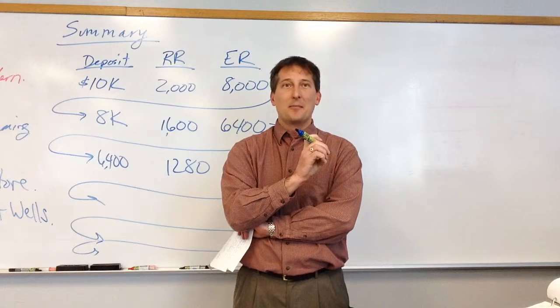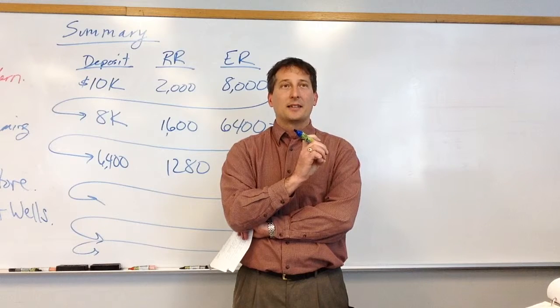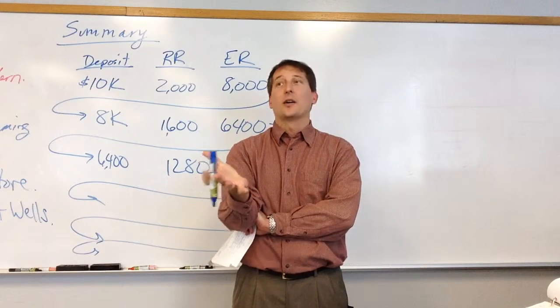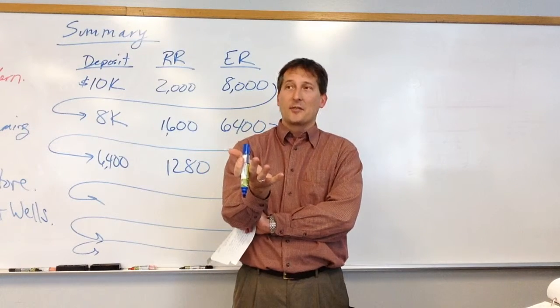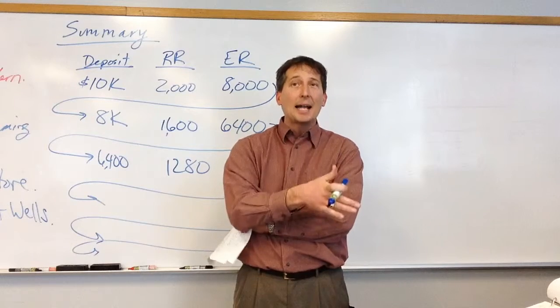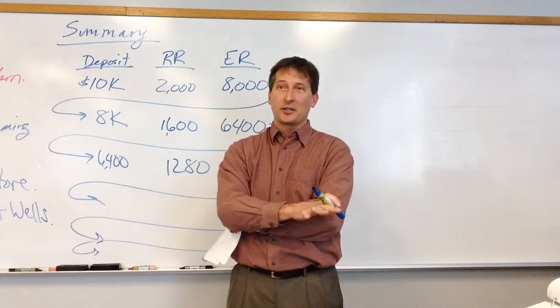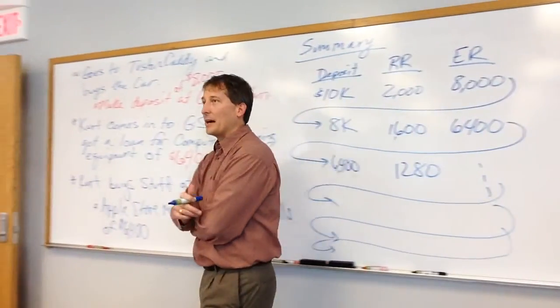So go back to that M1. Currency out in public. Now, whether it's hidden in the backyard or not, we don't know. This is an accounting function. All we know is it's not in a bank vault, so it is out in circulation. So that 10,000 is in the money supply.